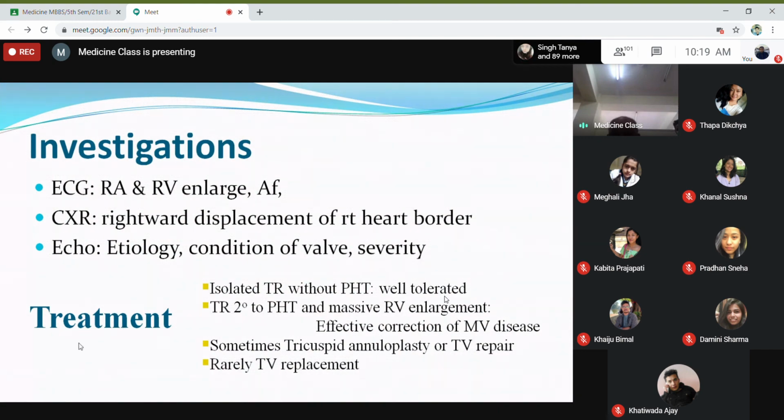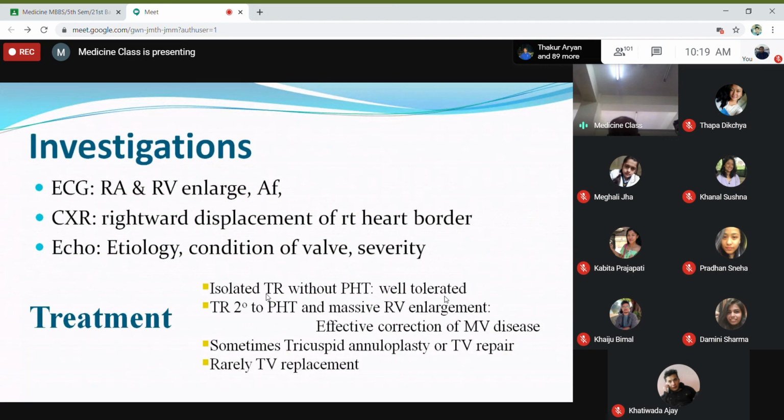For the treatment, if it is isolated TR without pulmonary hypertension, then you don't have to do anything. If the tricuspid regurgitation is secondary to pulmonary hypertension with massive RV enlargement, and it is because of the mitral valve, then you correct the mitral valve, and that way you'll be treating the secondary tricuspid regurgitation as well.